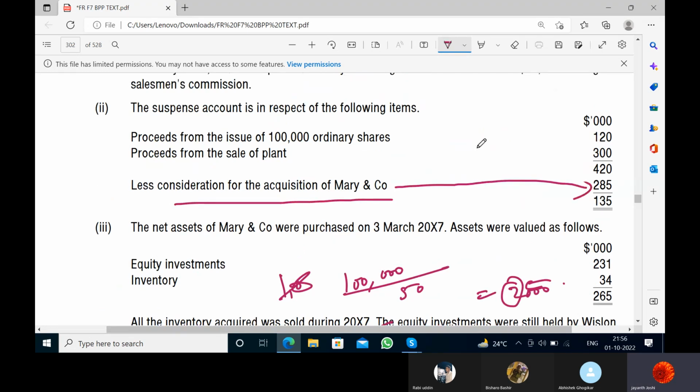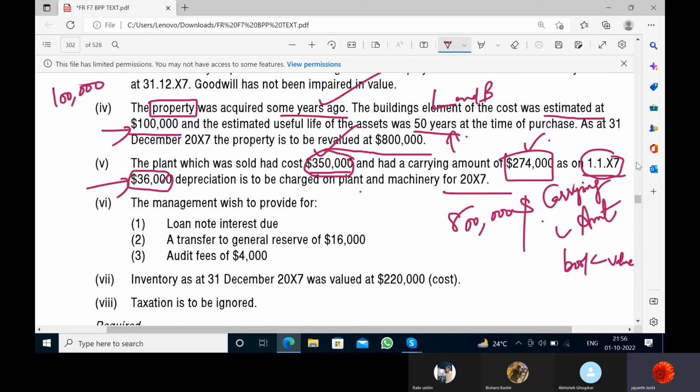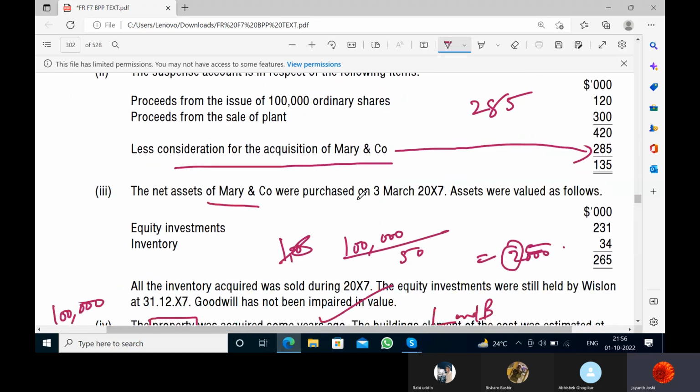That means Mary and Company has been acquired for 285. But what is the actual cost of Mary and Company? The net assets of Mary and Company were purchased on 3rd March 2007. Assets were valued as follows. You can see the value of the asset as 265. So 265 worth of Mary and Company's assets, and you paid 285 for that.